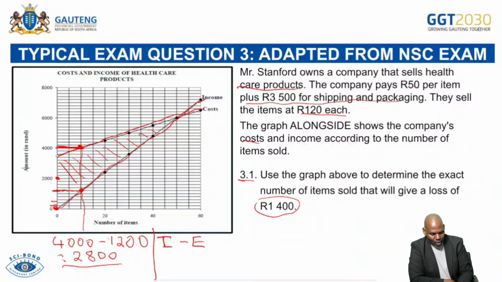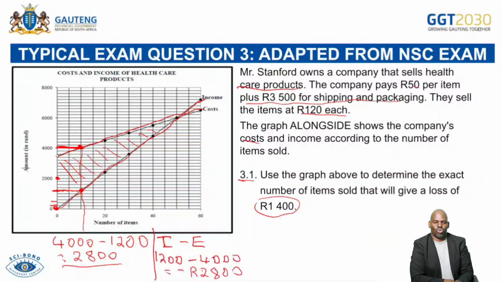Because we know that our income in this case is 1,200, and then it's minus 4,000, and it gives me negative 2,800. Now this negative 2,800 is just an indication that this is actually a loss. It's not a profit.